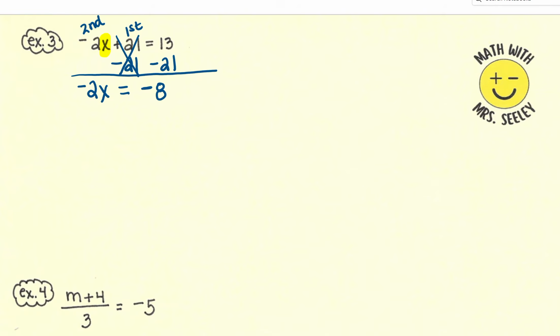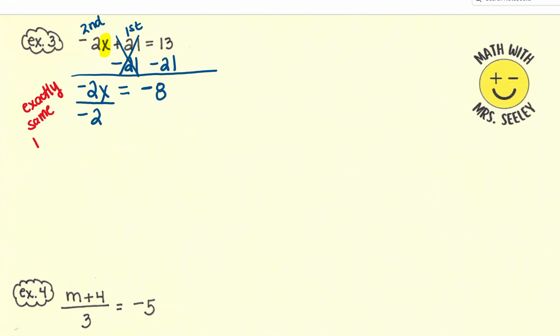And if you need help with your signs, be sure to go check out my video on the rules for positive and negatives. So here, this is attached by multiplication. So I'm going to do a division. When you divide, you must divide by exactly what you see.